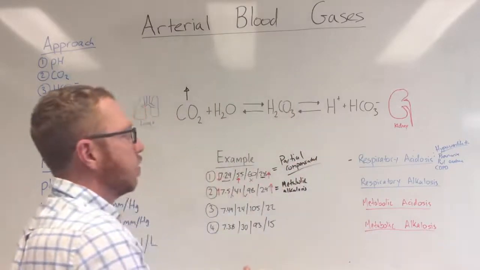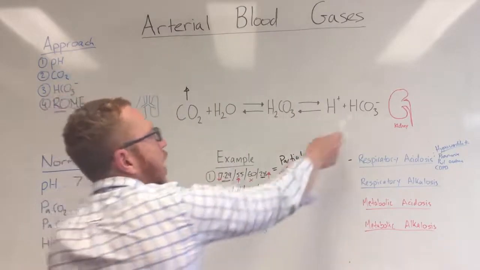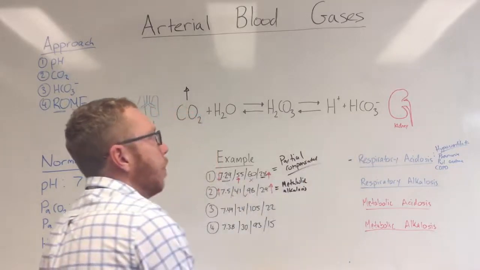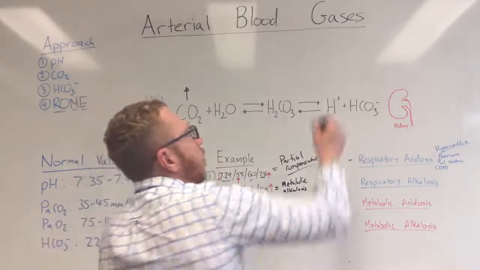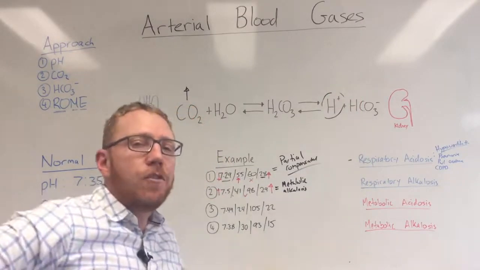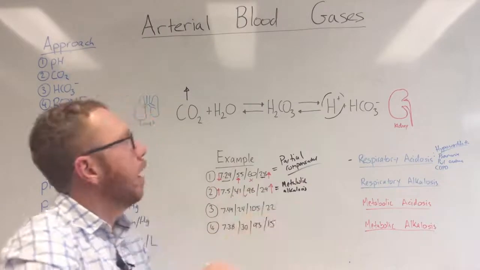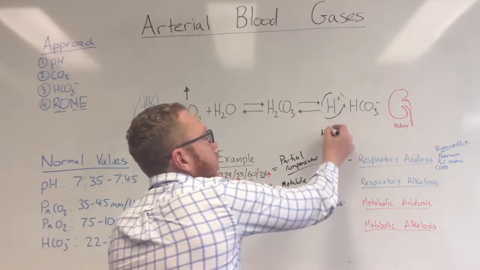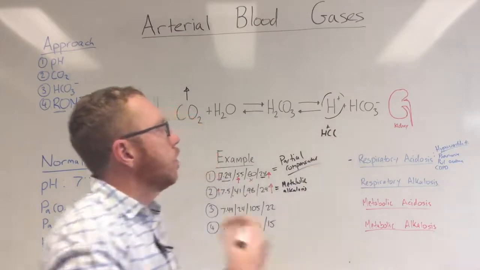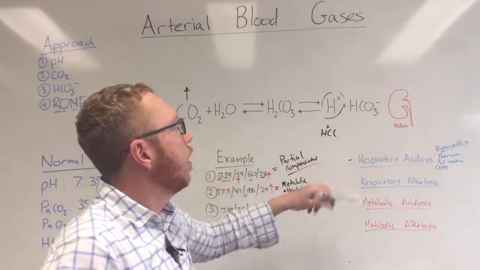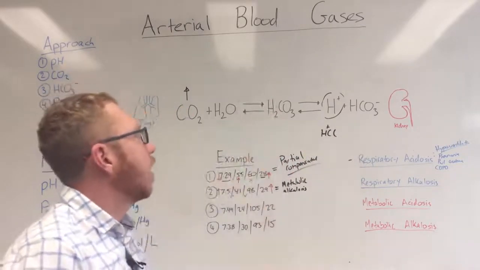So what are some reasons for maybe why you have high amounts of bicarbonate to hydrogen? Well, maybe you've just lost your hydrogen. So ways you could lose your hydrogen is lots of vomiting. So if your patient's vomiting a lot, they're going to lose a lot of HCl, which is the hydrogen. If you're losing lots of hydrogen, therefore you've got a lot more base compared to the acid. That means you'd have the alkalosis.